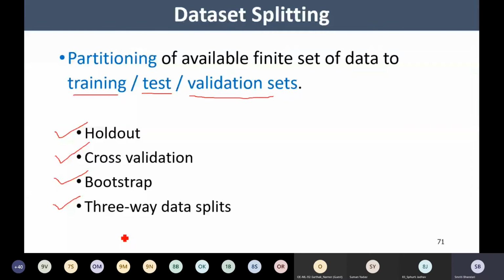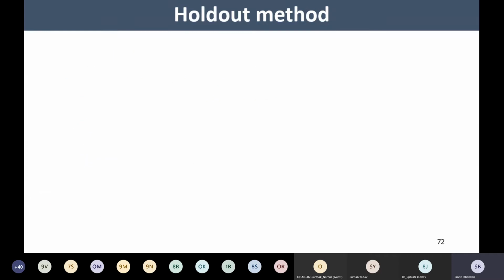These are a few of the methods that can be used to split our data set into several different data sets, or to partition the finite data available with us into different kinds of data sets. So let us look at all those methods one by one. Let's begin with the holdout method.